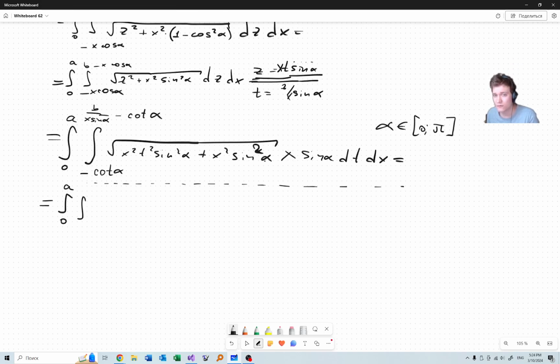And if so, then sine alpha is greater than 0.